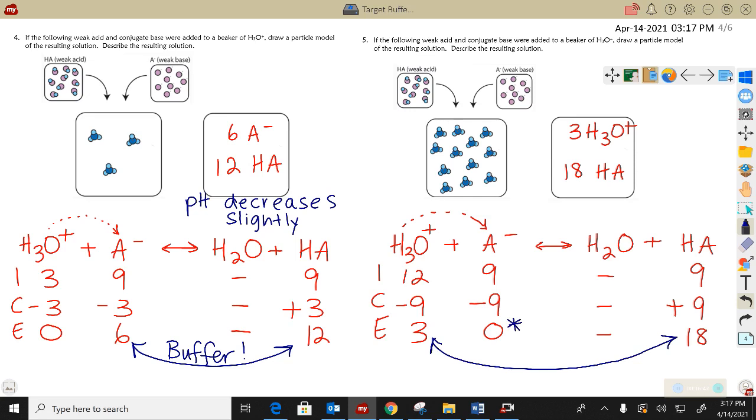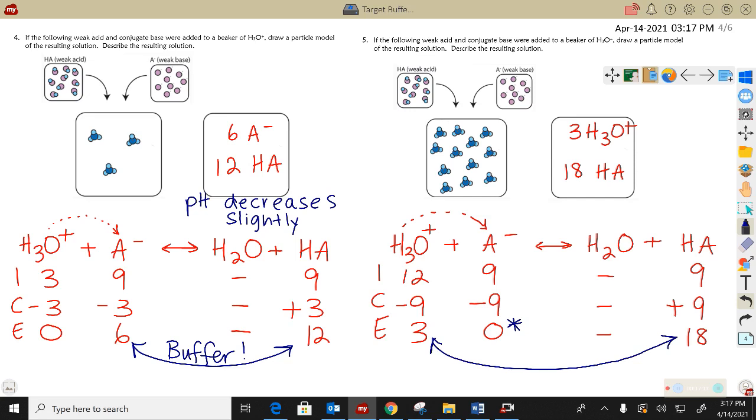We went beyond the capacity of the buffer. The buffer is supposed to contain the weak acid and its conjugate base, but eventually buffers can only hold so much hydrogen or hydroxide. So I can't go beyond 9 molecules of the hydronium here. And when I do, I've destroyed my buffer.